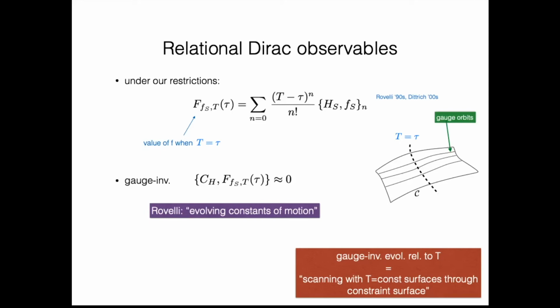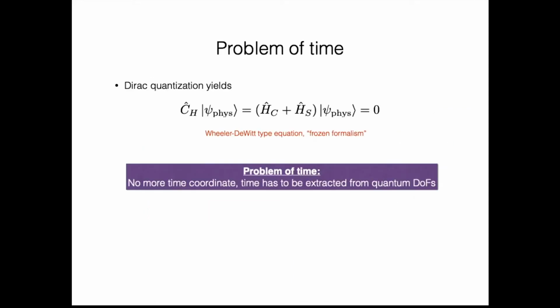And now when we go to the quantum theory, just like before, we have to impose the constraints. That leads to the so-called Wheeler-DeWitt type equation. It's often called the problem of time because now, where's the time variable there?